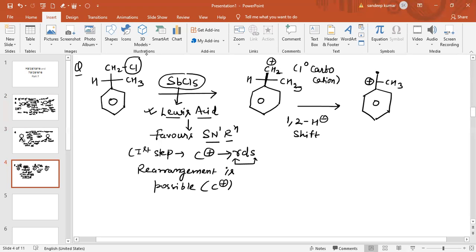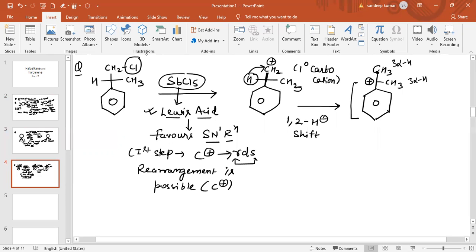When this hydrogen shifts to this carbon atom, this will convert into CH3. Now you can easily see in this case 3 alpha hydrogen atoms are there, and this is also a resonating structure.